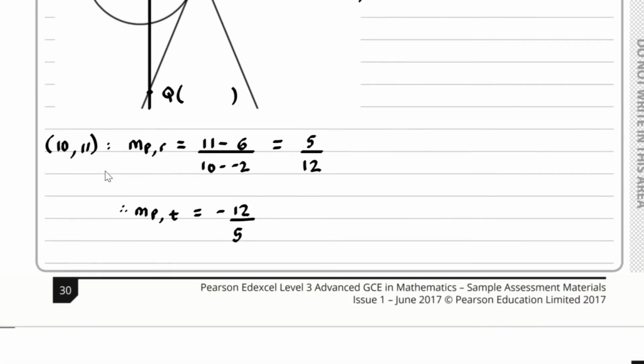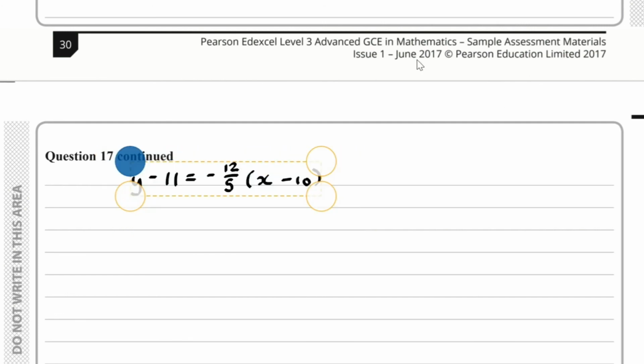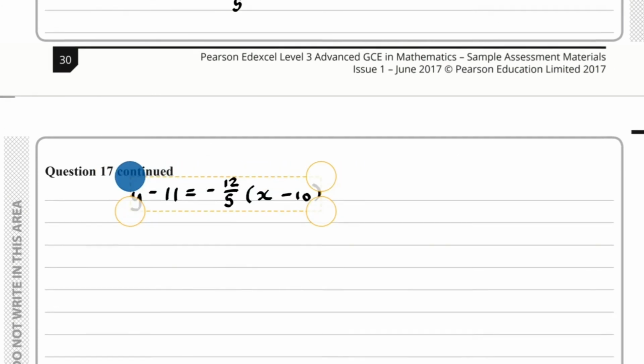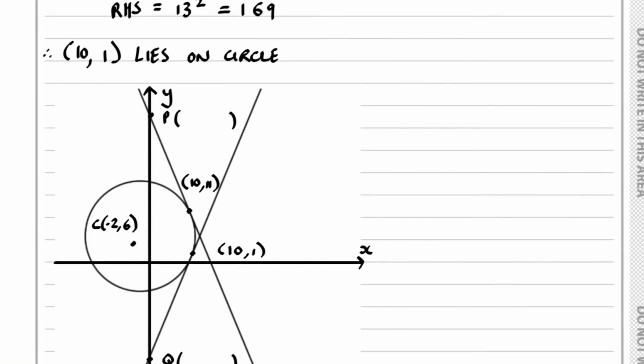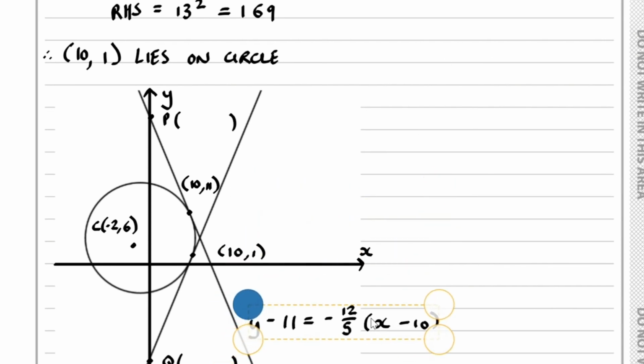And if it passes through this point here, we can therefore conclude that the line has equation y minus 11 equals minus 12 over 5 lots of x minus 10. That's this line here.